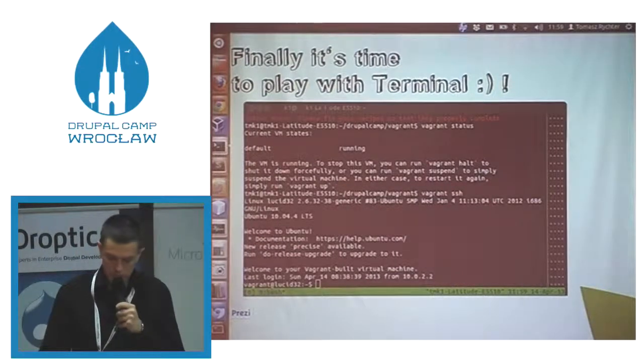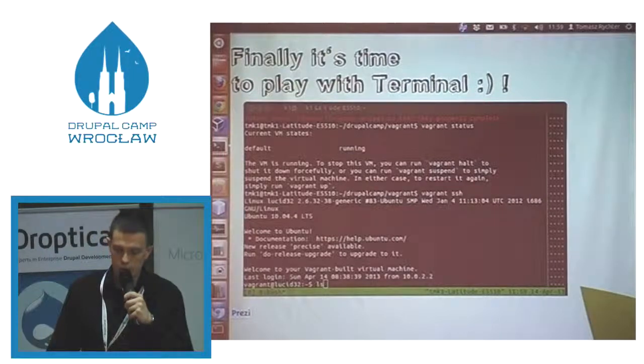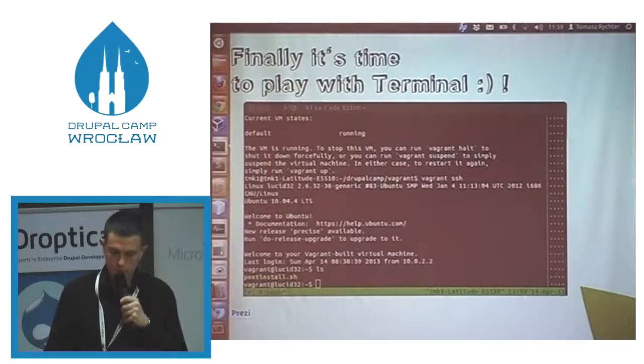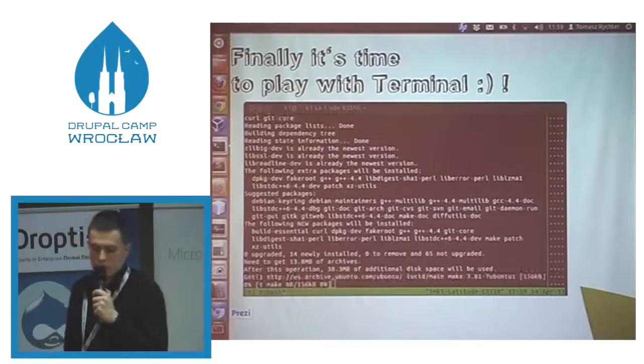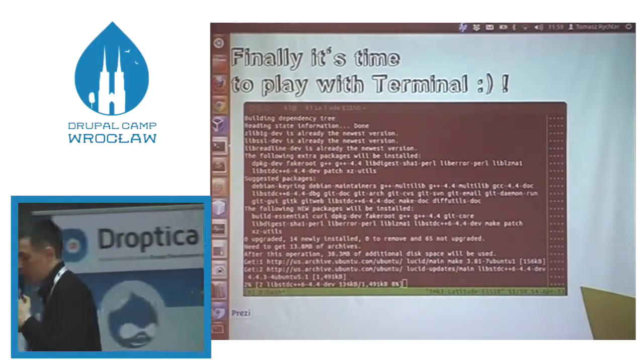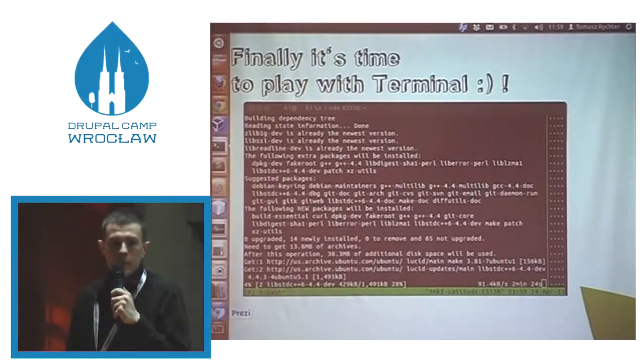It is the last step of configuration of the new virtual machine. As a sudoer, we need to run the post-install script. It also takes time. It is doing some extra maintenance, which is needed after the first configuration.